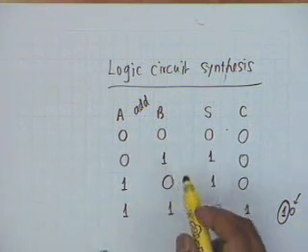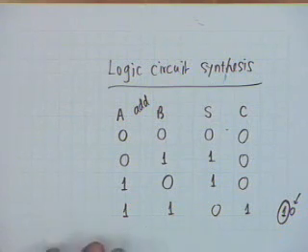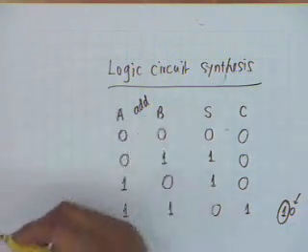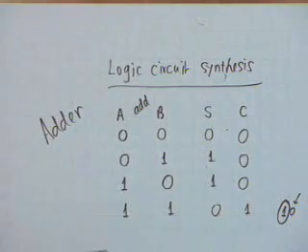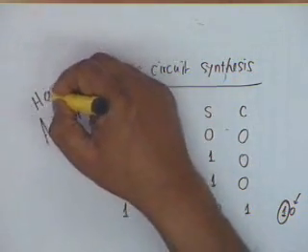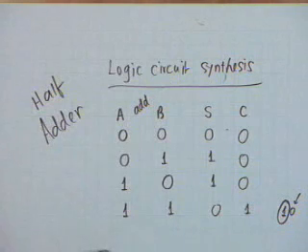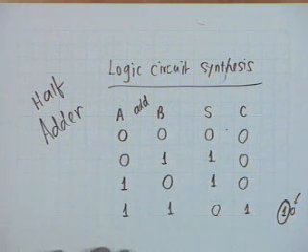We want to make a digital circuit for this purpose, and for obvious reasons it is called an adder. It is also given the adjective half adder, because it does not consider the carry of the previous bit addition.